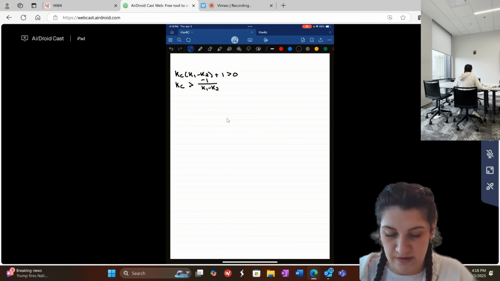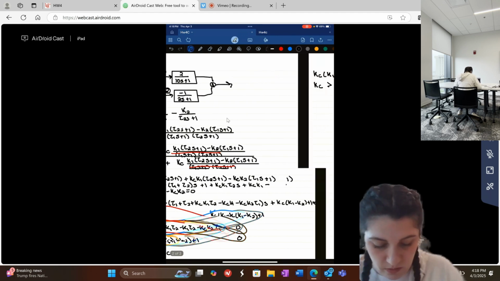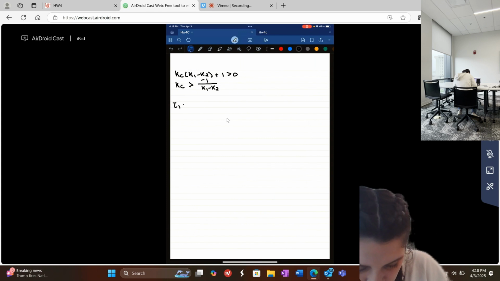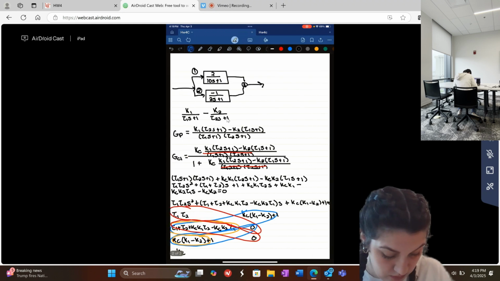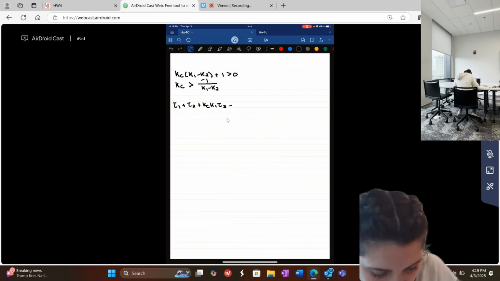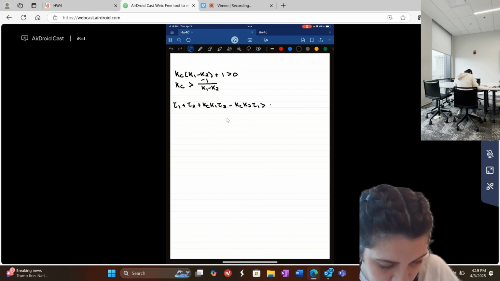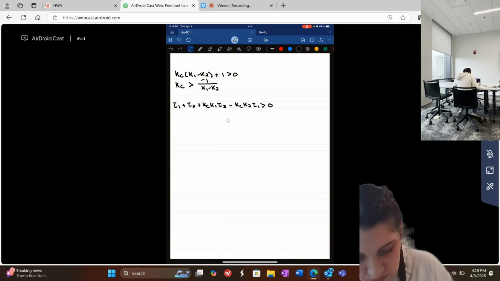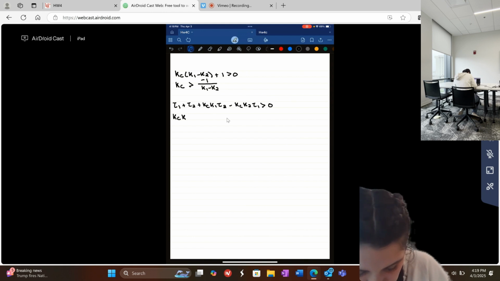Now if we look at our longer term here, we can write that out. We have tau 1 plus tau 2 plus KC times K1 times tau 2 minus KC times K2 times tau 1 is greater than 0. We can take everything not with a KC to the other side.